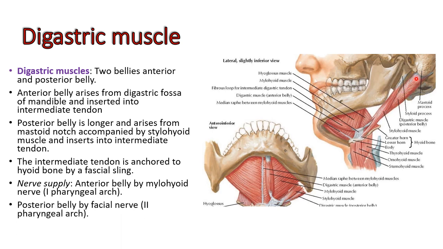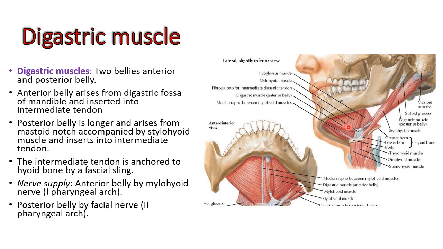The facial nerve belongs to the second pharyngeal arch, so this muscle is also developed from the second pharyngeal arch along with the stylohyoid, and all your muscles of facial expression are developed from the second pharyngeal arch. So all these muscles are supplied by the facial nerve.